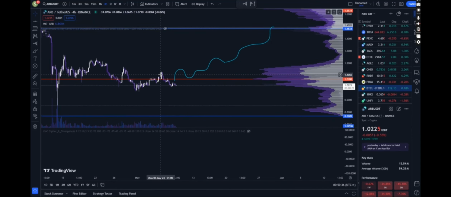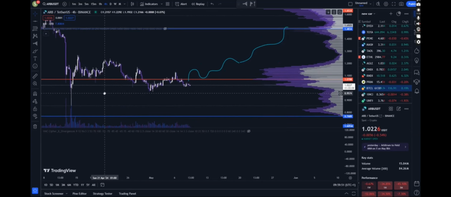You know, and if you look at this selling pressure around these areas, it's getting weaker and weaker. You've also got your volume that's getting lower and lower. You want to see a push from that area. You want to see big bullish momentum coming in, big volume coming in.